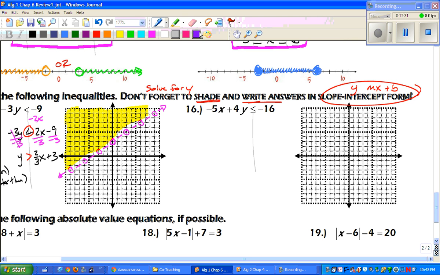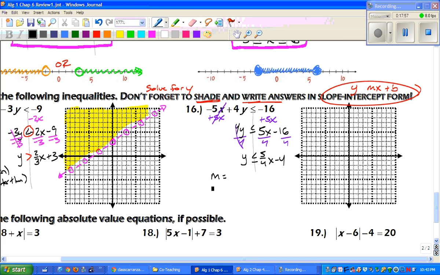Okay, let's draw the line and start solving for y. We have to add the 5x to both sides. So we get 4y less than or equal to 5x minus 16. To solve for y, you have to divide everything by 4. And you get y is less than or equal to 5 over 4x minus 4.